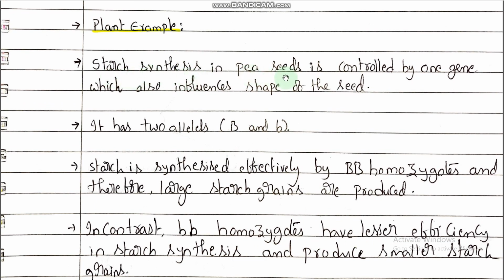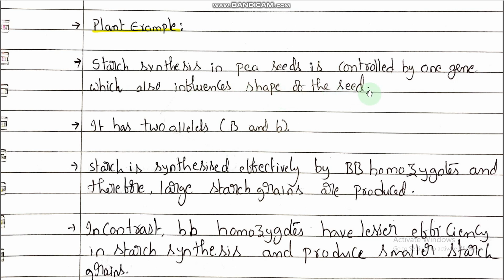Starch synthesis in pea seeds is controlled by one gene, which also influences the shape of the seed. Starch means carbohydrate synthesis in the pea plant. So synthesis of starch depends upon one gene, and that same gene also influences the shape of the seed.